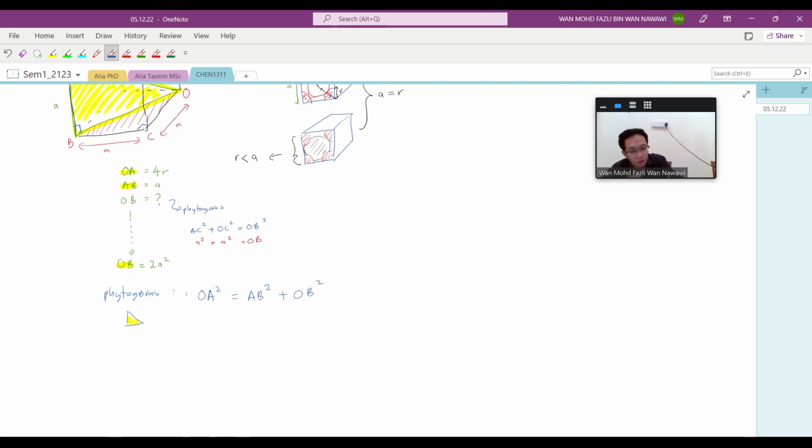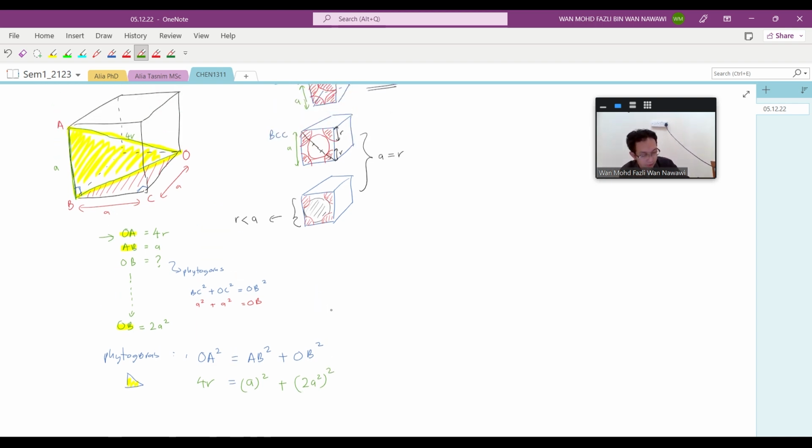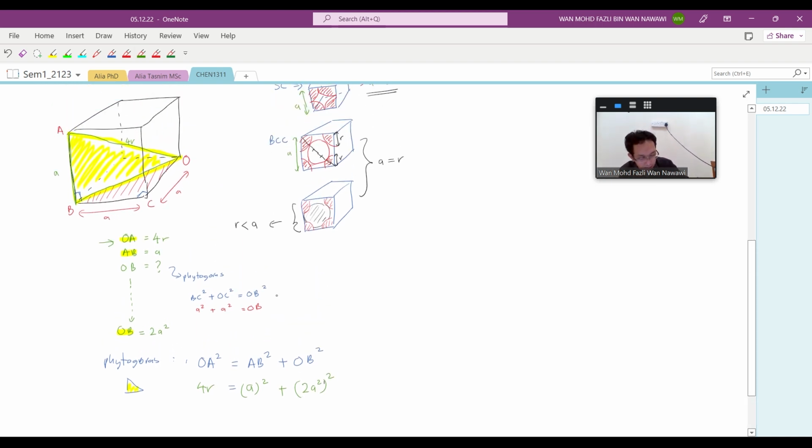And we know OA is now 4R. And then AB is A, so A squared. And then plus OB. So we know OB squared is 2A squared. Because this is Pythagoras theorem, OA is 4R squared like that.